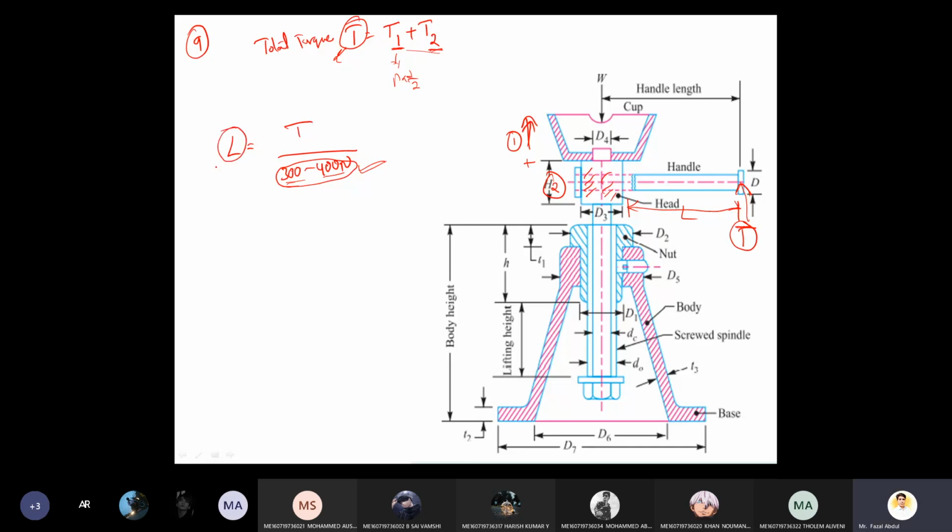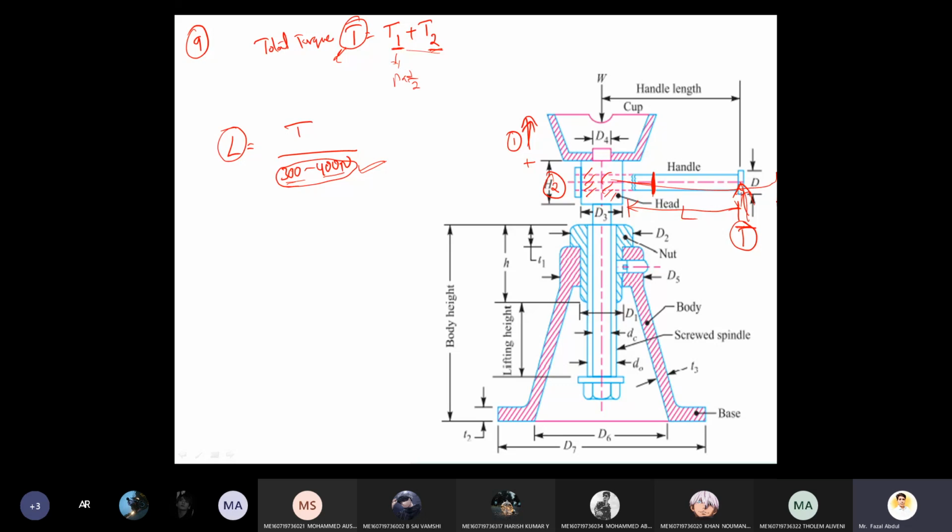The length of the handle is about how easily we can apply the force, for gripping purposes. If you provide a lesser length of the handle, you need to apply heavy effort, right? If you maintain a larger length of the handle, what happens? There will be a bending effect.